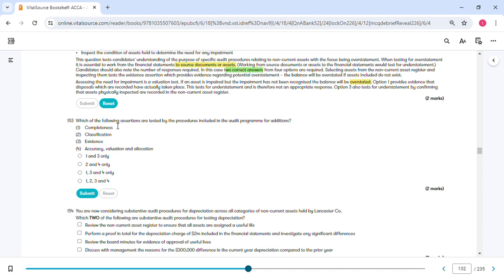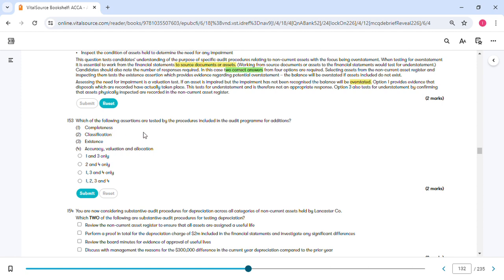Just randomly, you cannot tell this. Which assertions are tested by the procedures with respect to the program? Completeness will be there, sequence number. Next, in the audit assertions, classification comes next, and classification comes first for additions.